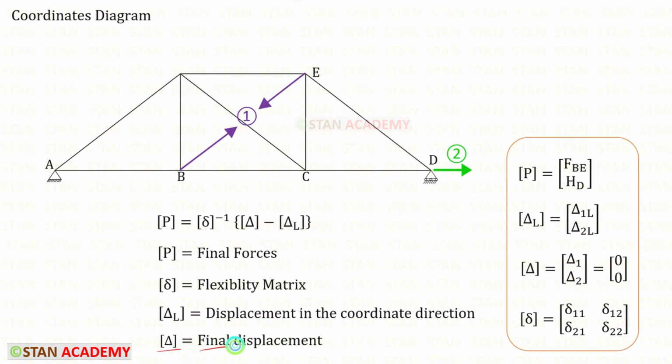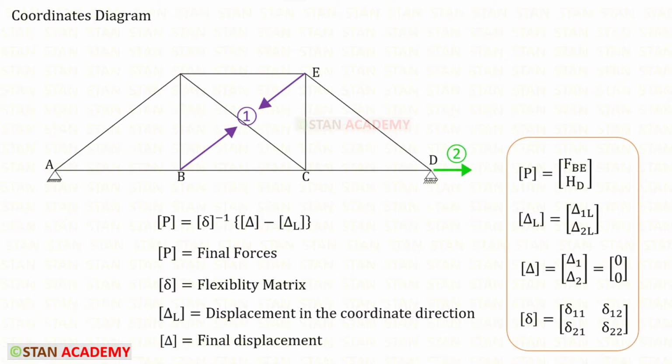Delta is the final displacement. These are the displacements due to the extension or reduction of the members or due to temperature changes. In the question, nothing is mentioned about temperature change or extension and reduction of the members. So in both of them, there is no temperature change or extension and reduction of the members.